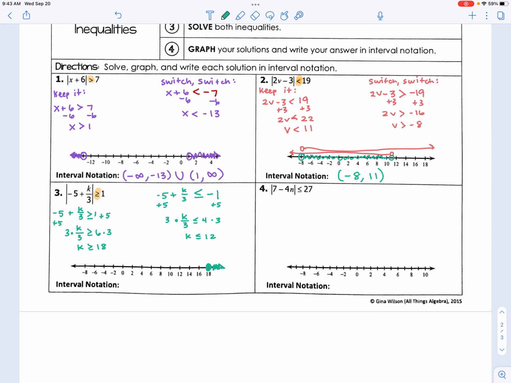And k is less than or equal to 12. So solutions are in one or the other part of that graph. So for my interval notation, we go from negative infinity to 12 included in union with 18 included to infinity.